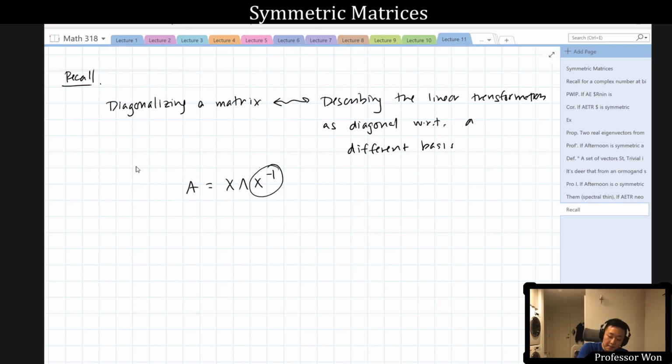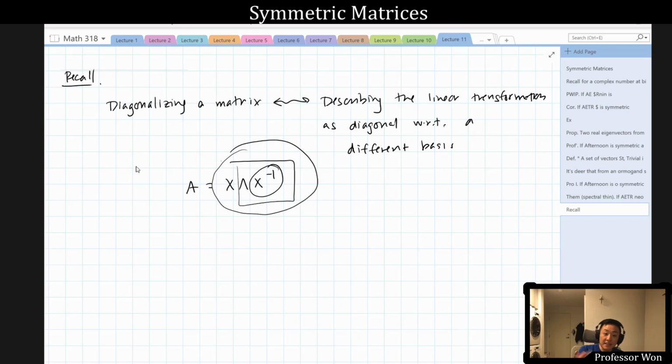So this part tells you that you switch to a basis of eigenvectors of A, then you scale each of the eigenvectors by the appropriate eigenvalue, because that's what A does to them. And then multiplying by x takes you back to the standard basis. So this says that if you want to know what A does, you switch basis to an eigenbasis, then you scale in each eigenvector direction by the correct eigenvalue, and then you switch back to the standard basis, and that's what A does to your vector.